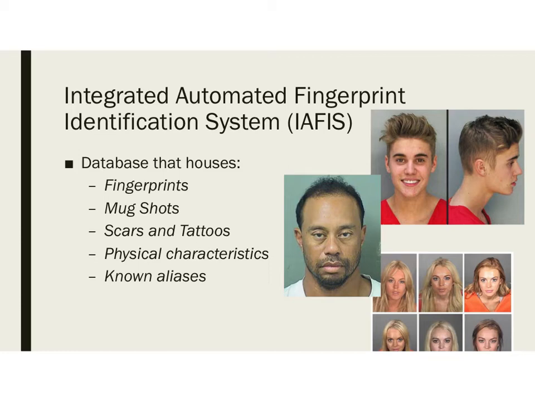For example, Eminem, I don't know if any of you like rap, his real name is Marshall Mathers. Or Snoop Dogg has been all these different names, so it just depends. The big kicker is the fingerprints, okay? Anytime somebody gets booked, that means they get put into the system, okay?